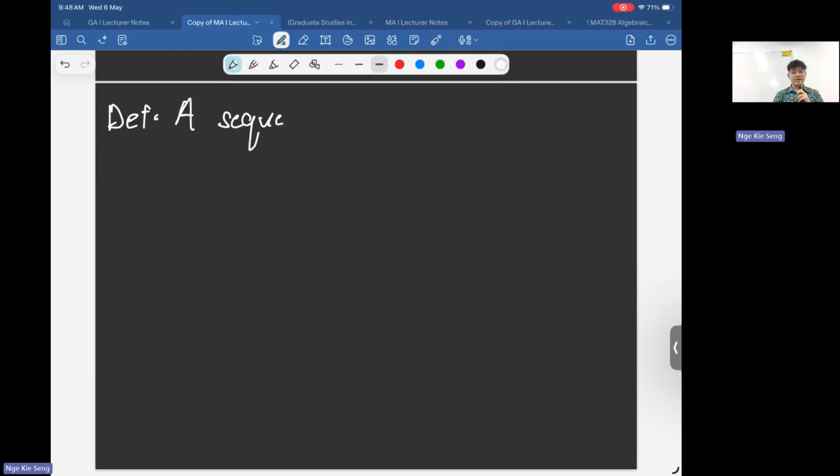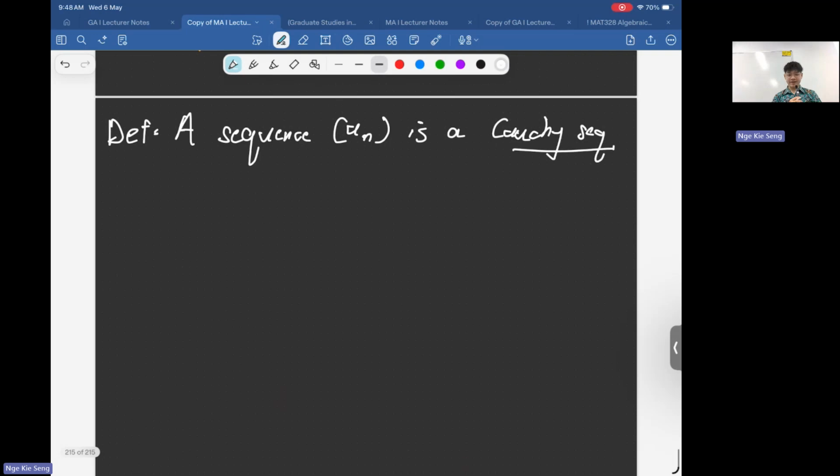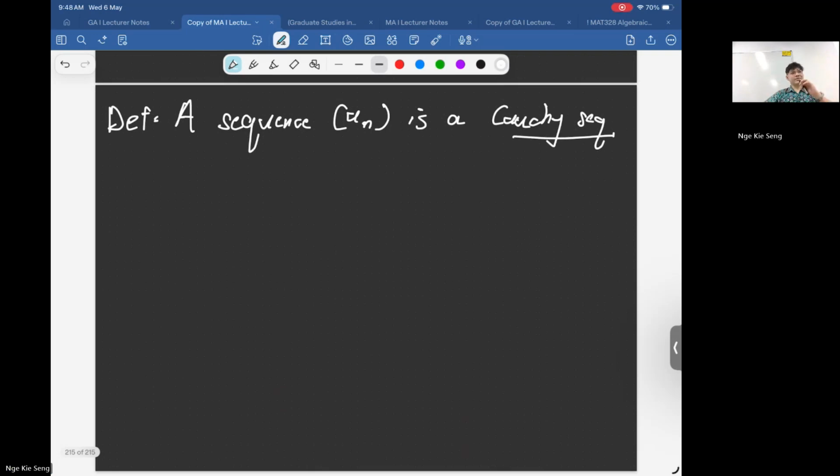Sometimes they name it after another mathematician because they inspired them. Seriously? Okay, maybe. Maybe you can try and find that.